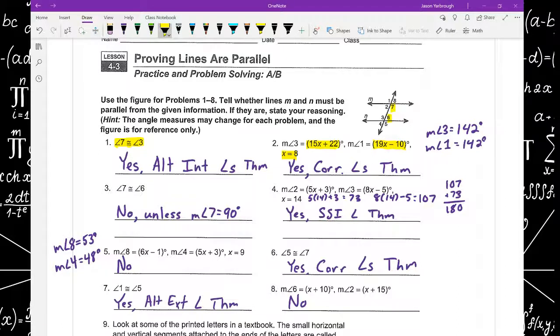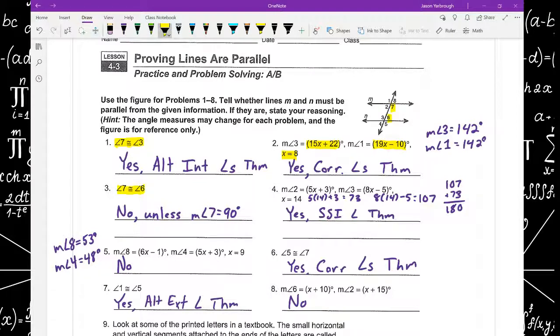Now, what it does say is that angle 7 is congruent to angle 6. So in every situation except for 1, these angles would not be supplementary. The only time they would be supplementary is if both angles were 90 degrees.